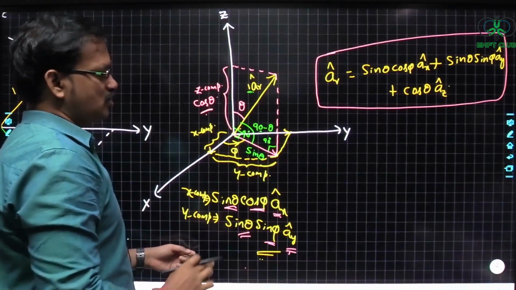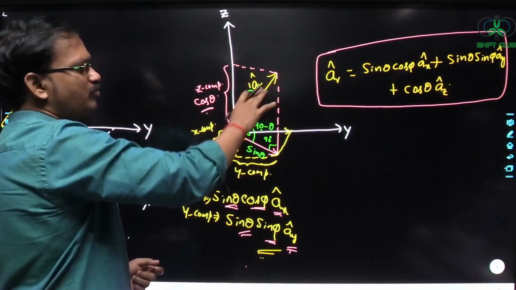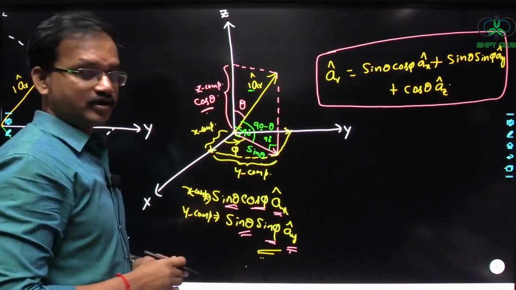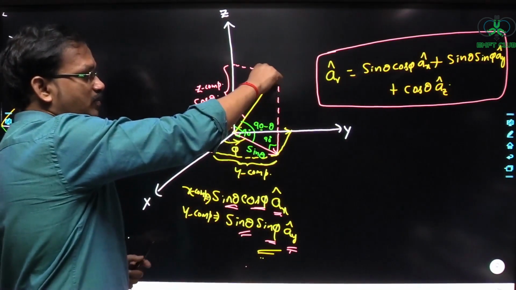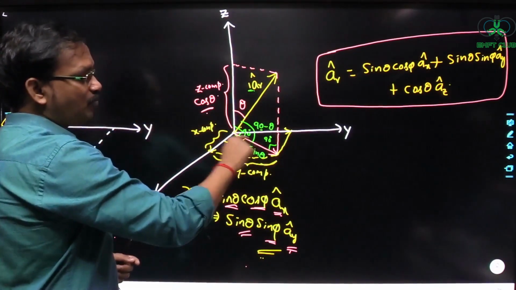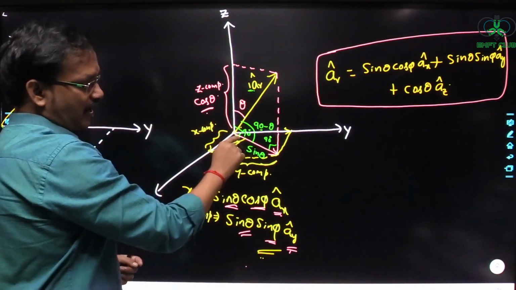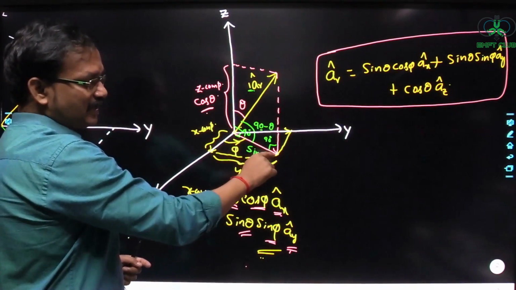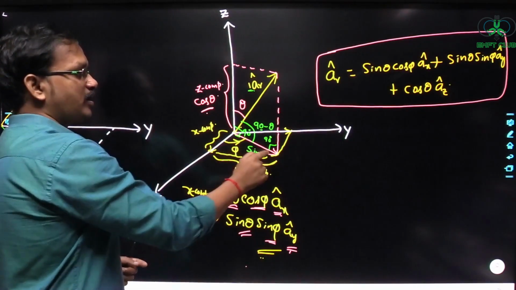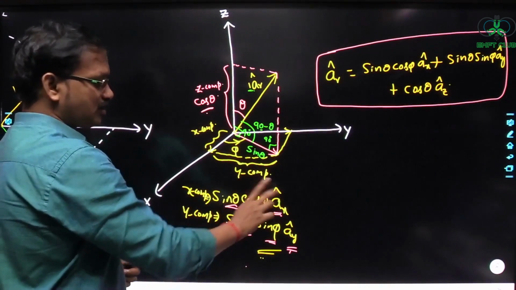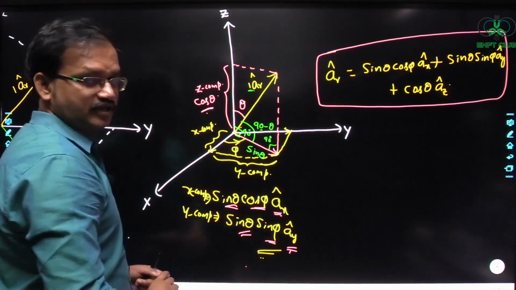So what we have done: this is AR cap, it is neither along x nor along y nor along z. So we have determined the components of AR cap along ax, ay and az. We dropped a normal from the head of AR cap onto the xy plane, so we got the component of AR cap in the xy plane. That can be resolved again into an x component, sine theta cos phi, and a y component, sine theta sine phi.